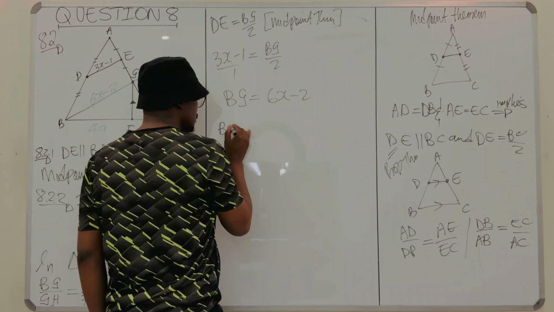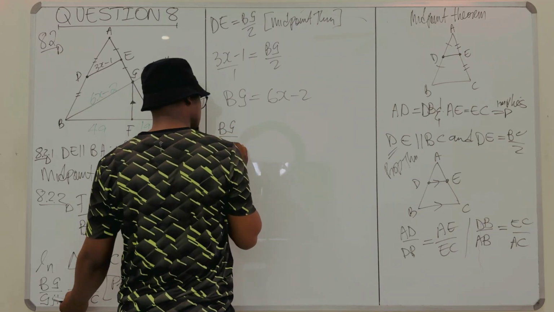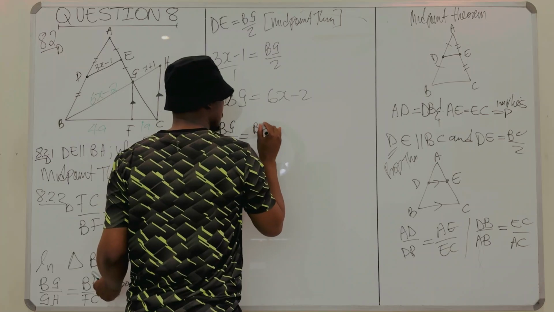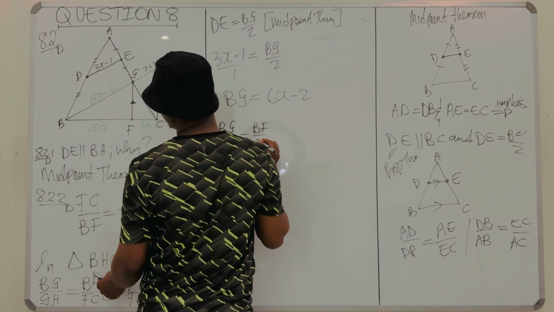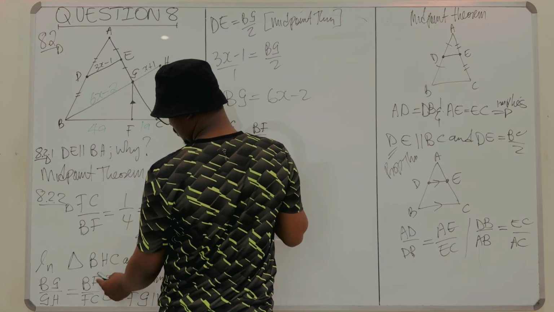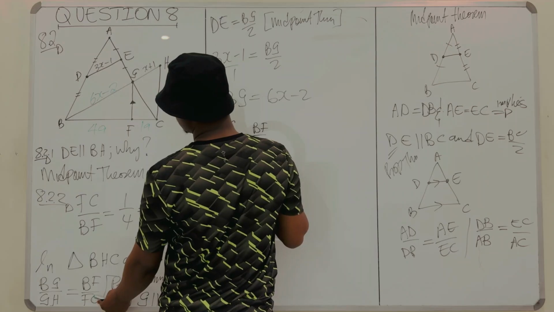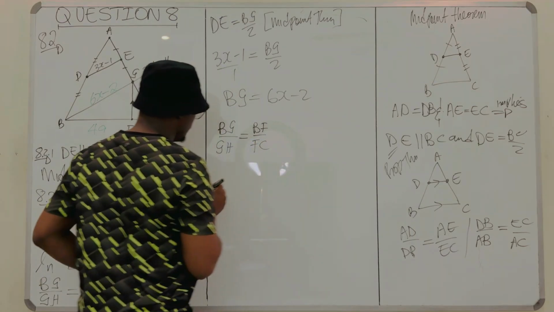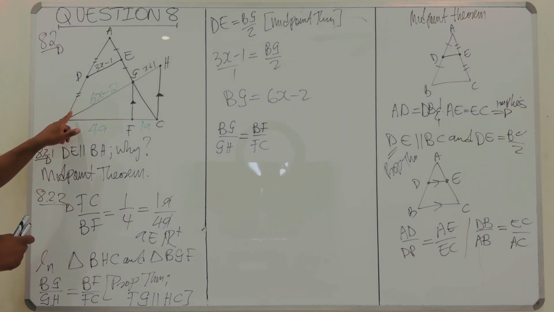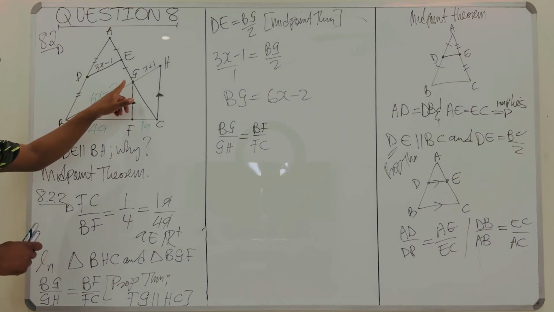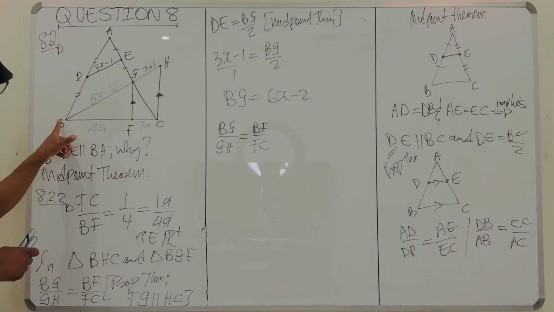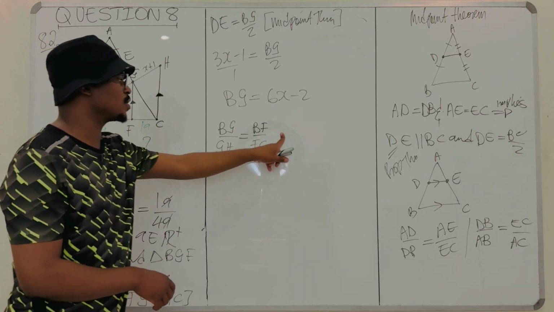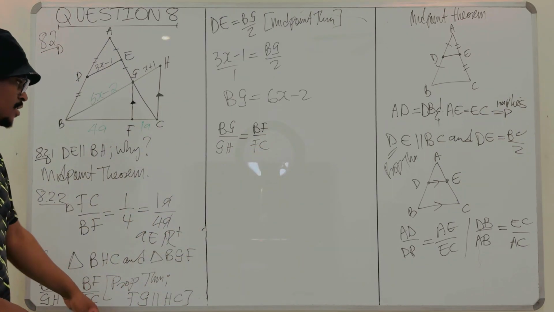We said BG over GH is equal to BF over FC. Let me just double check. BG over GH is equal to BF over FC. So that is the proportionality theorem. I'm not going to write the reason because I've already written it there, right?